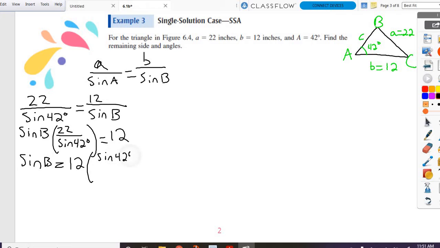Now, I'm writing out all of the steps just so that you can see where I'm getting everything from. Do you have to write out all of these steps every single time? No. Okay. If you can skip that second step that we did, that's fine. Okay. Then what's our last step? How do I get B by itself?